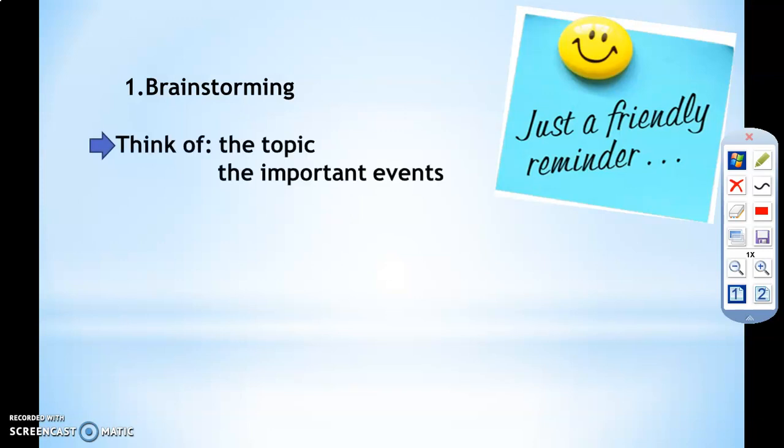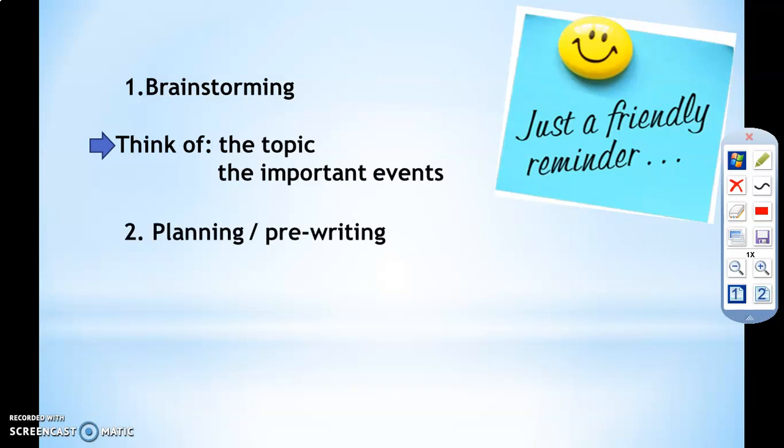For example, I have 2 or 3 topics in my mind, so I write them down and I try to write down the important events, meaning what happened most in each topic, okay?